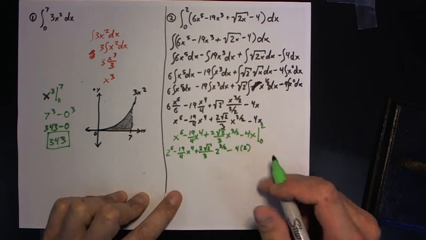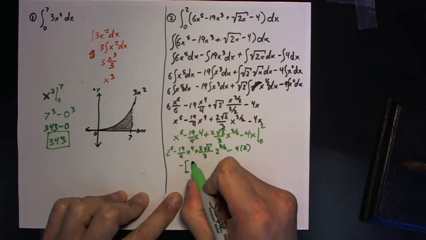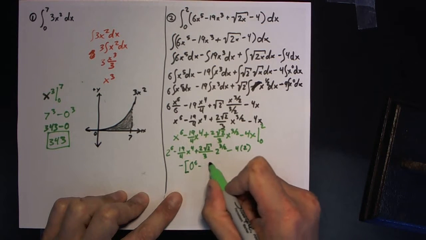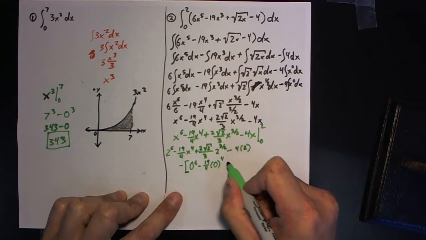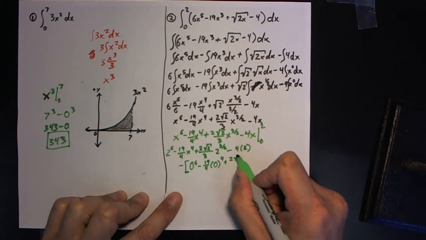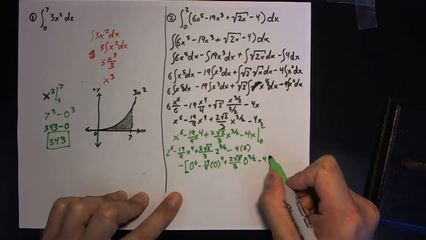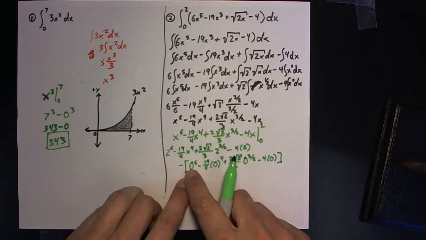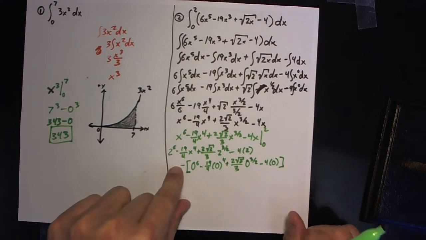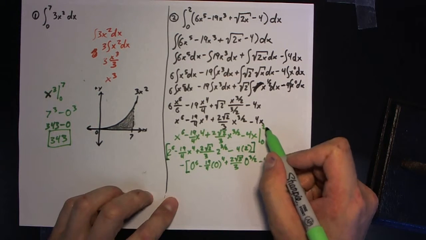Then substitute in a 0 wherever we see an x. Now I put these square brackets around it because you have to evaluate everything inside the square brackets first and then subtract it from our initial upper value term.